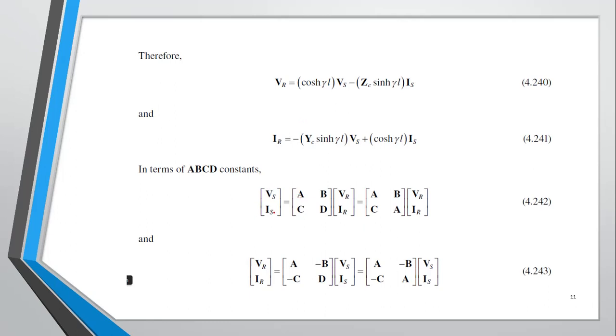In this slide, you can see that we have A, B, C, D, VR, IR, and if we take the inverse, then it is A, D, minus B and minus C. For the parameter verification, I already told you that A is always equal to D, so it is A, minus B and C for the VR equation, and A, B, C for the VS equation.